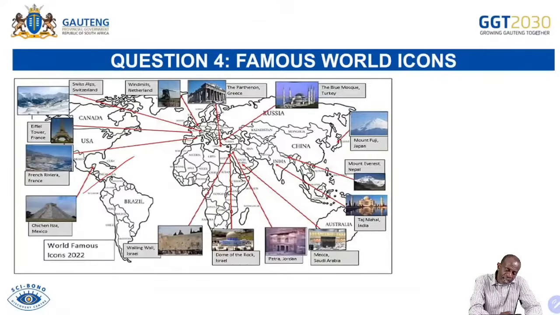You have another one situated in Europe, and the name of the country is France. Actually, these 2 are located in France, and the name of the continent is Europe. As you can see, it points to Europe. Europe is just above our continent, which is Africa.